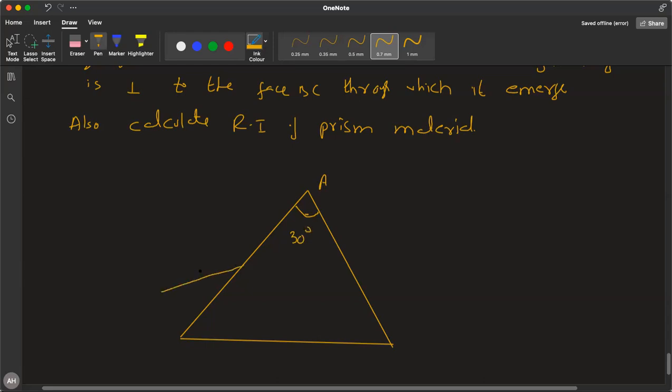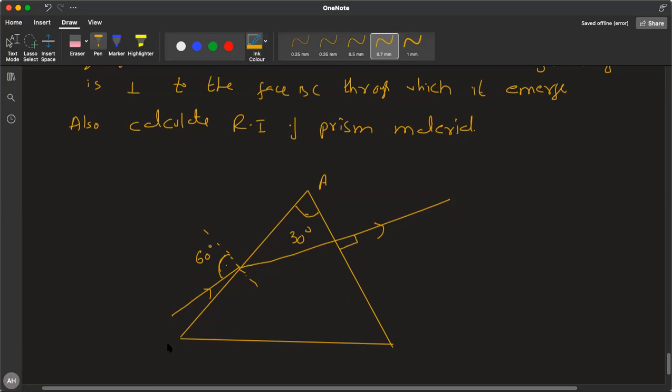You incident this ray. This is the normal. This angle is given as 60 degrees. This ray will refract. He's asking, get the condition when this refracted ray, this emergent ray, is perpendicular to the face of the prism. You have to prove that this emergent ray is perpendicular to the face of the prism.